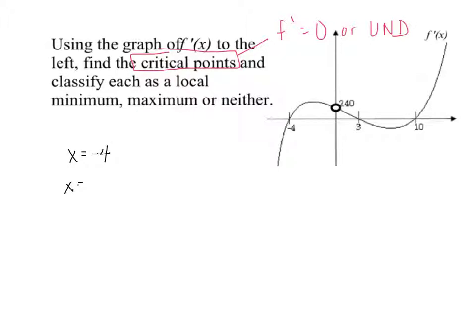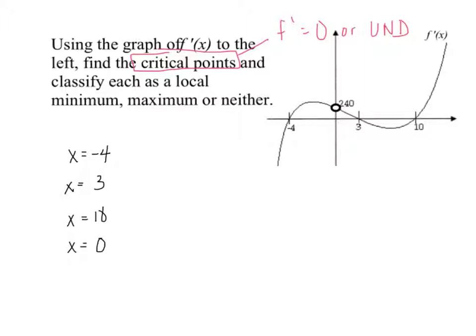At 3, the derivative is 0. And at 10, the derivative is 0. And at x equals 0, the derivative is undefined. So again, you got to pay attention to what we've actually got, what we're using. The derivative is 0 or undefined at -4, 0, 3, and 10.